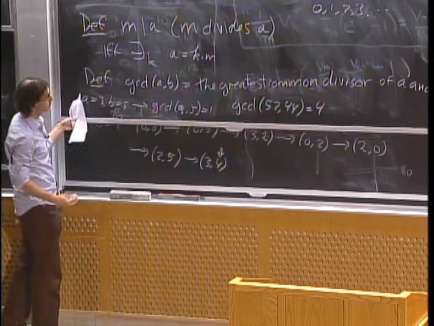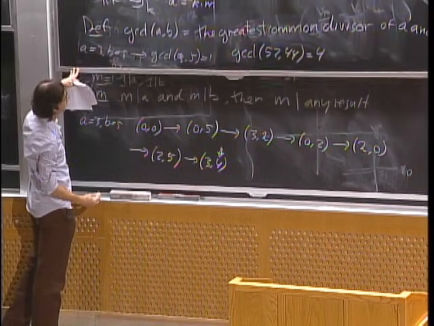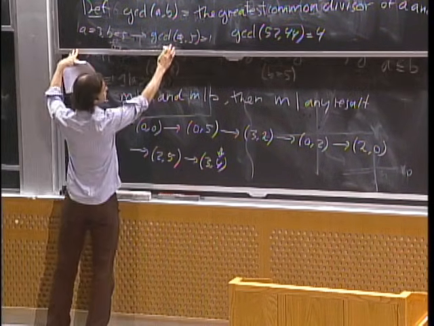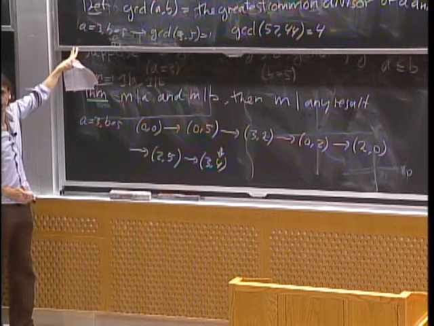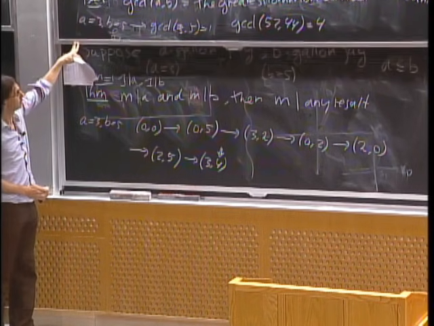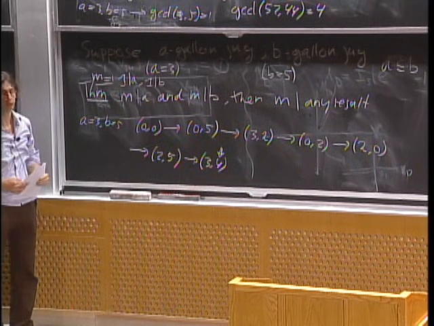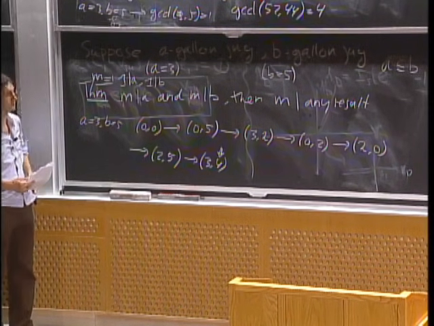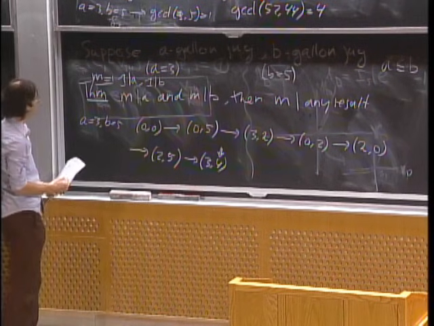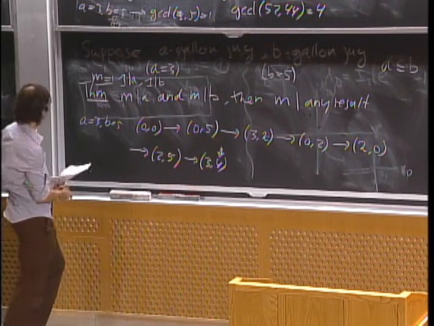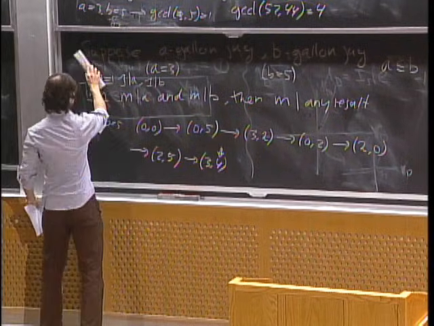We will have a separate definition that talks about this very special case: when the greatest common divisor of two numbers is equal to 1, we define those two numbers to be relatively prime to one another. So let's put that out over here.